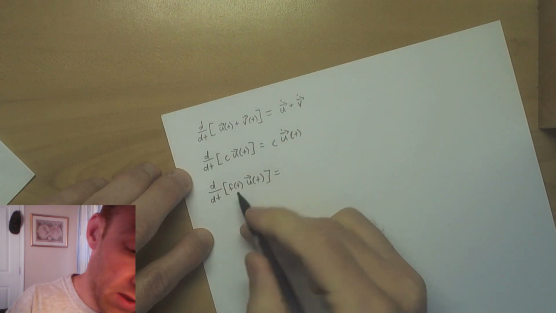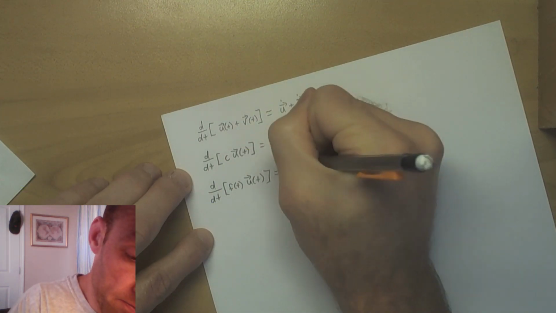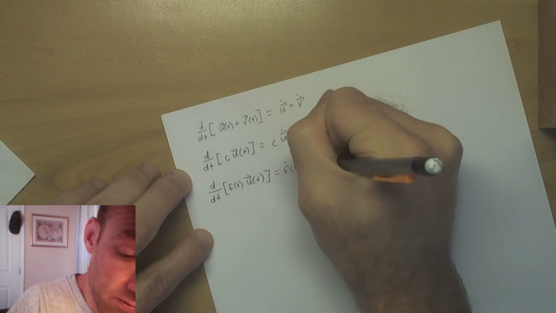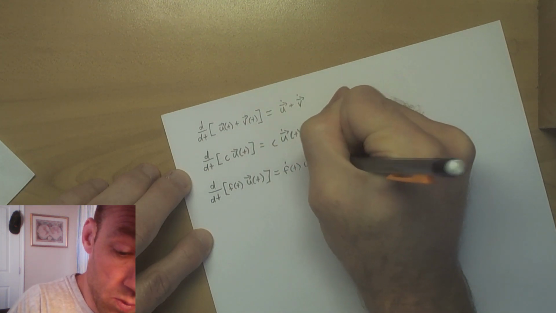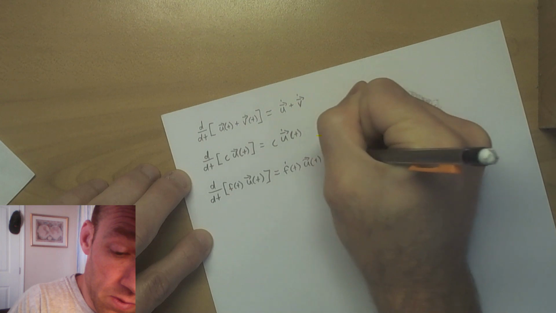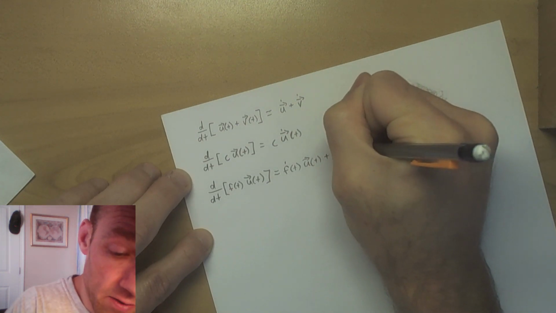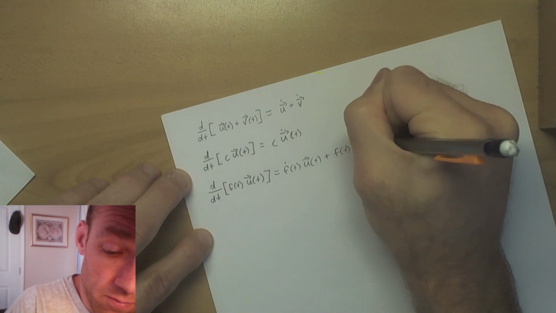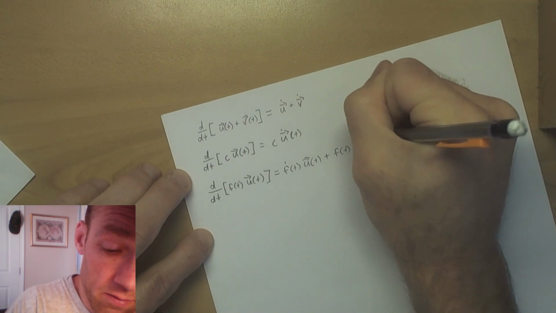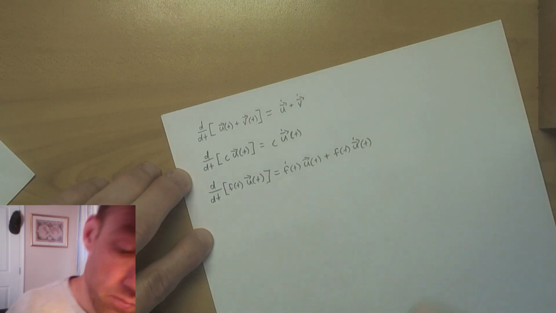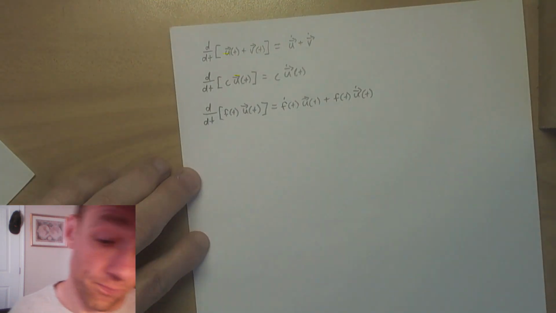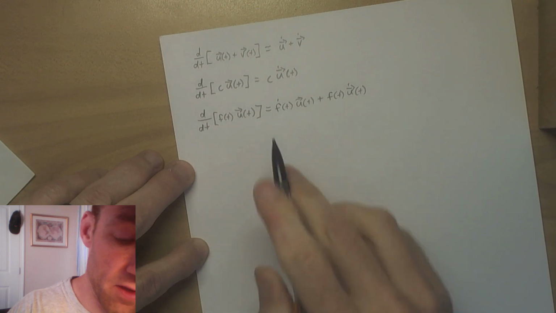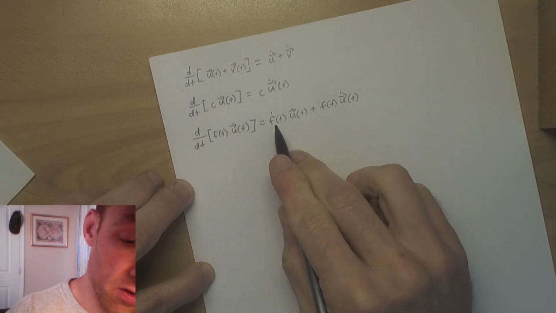So take the derivative of the first times the second value, and then we have to add into that the first times the derivative of the second value. As you can tell, this is just a special case of this, where f dot is 0.